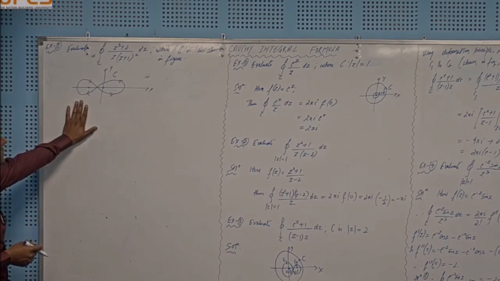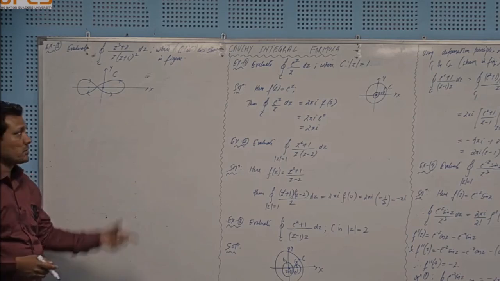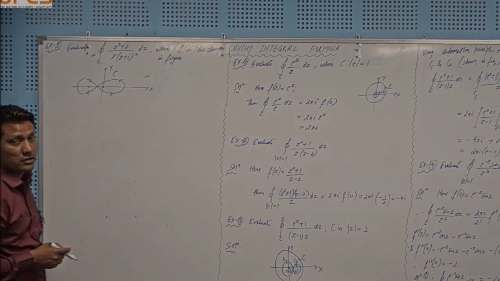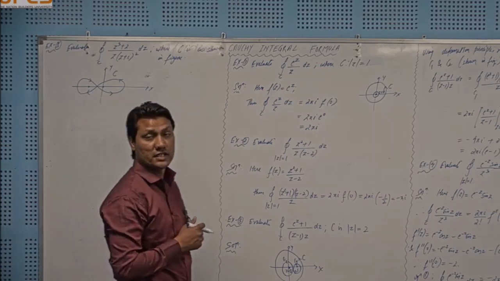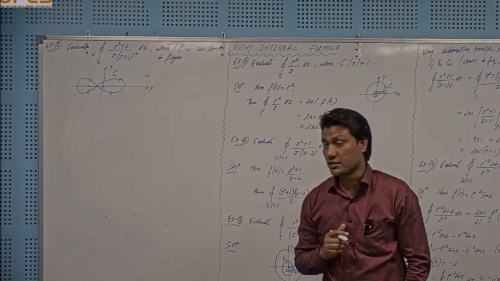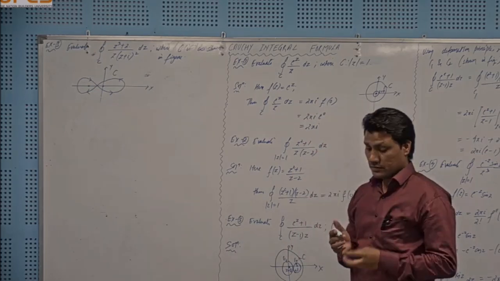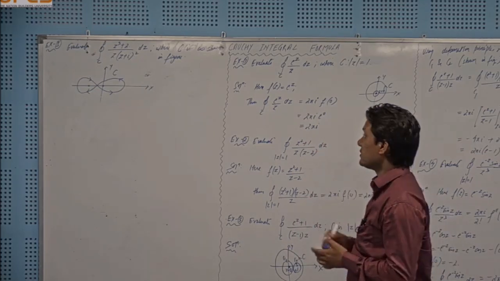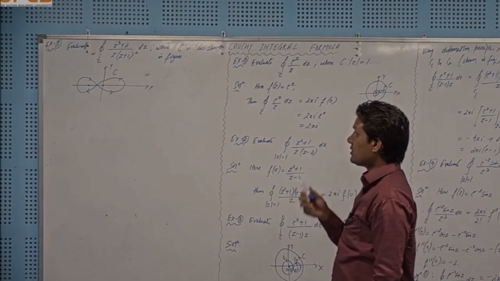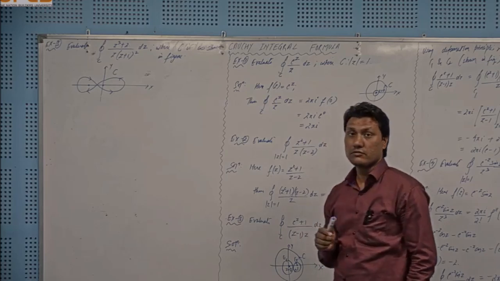It is looking like a figure of 8, placed horizontally. And this is also not a simple closed curve, because the curve is intersecting itself. But the hypothesis of the theorem says that the curve C should be a simple curve, but this time in this numerical, the C is not a simple curve.